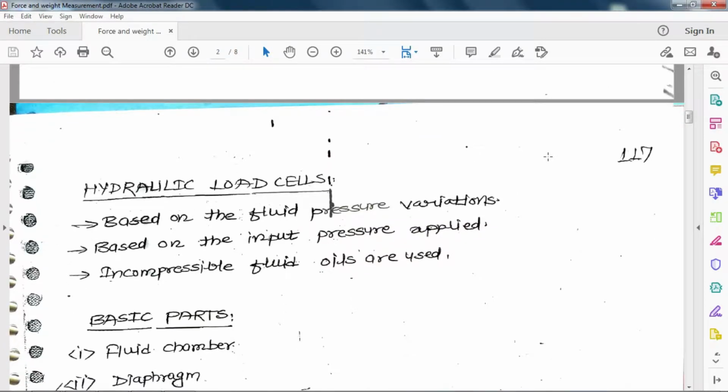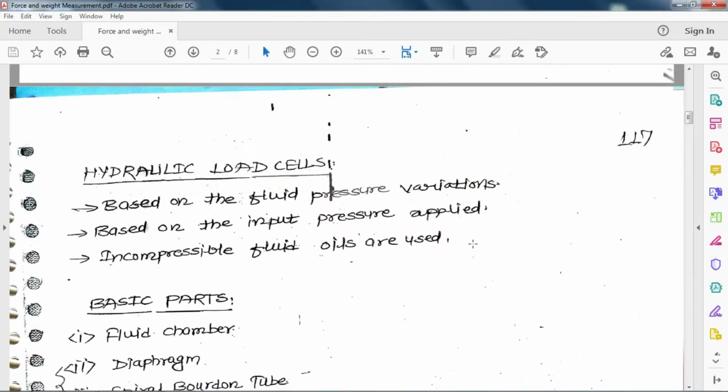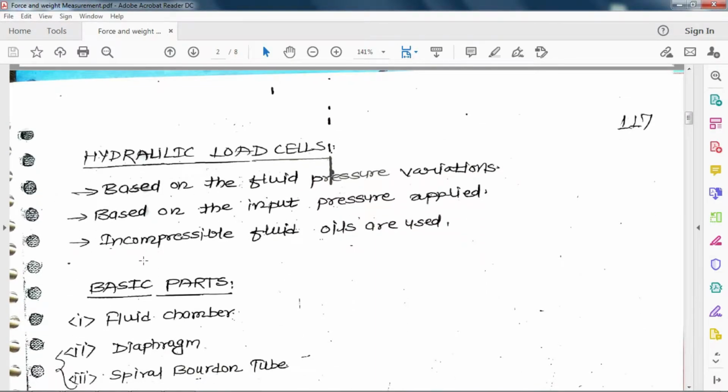It is based on the fluid pressure variation, on the input pressure supplied, and in this case we use incompressible fluid, oil, for hydraulic load cells. Using pressure variations we can calculate the force.